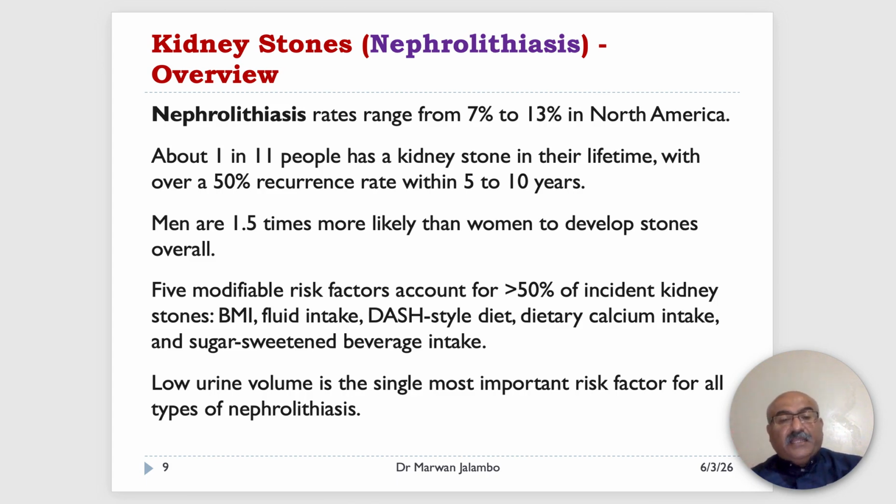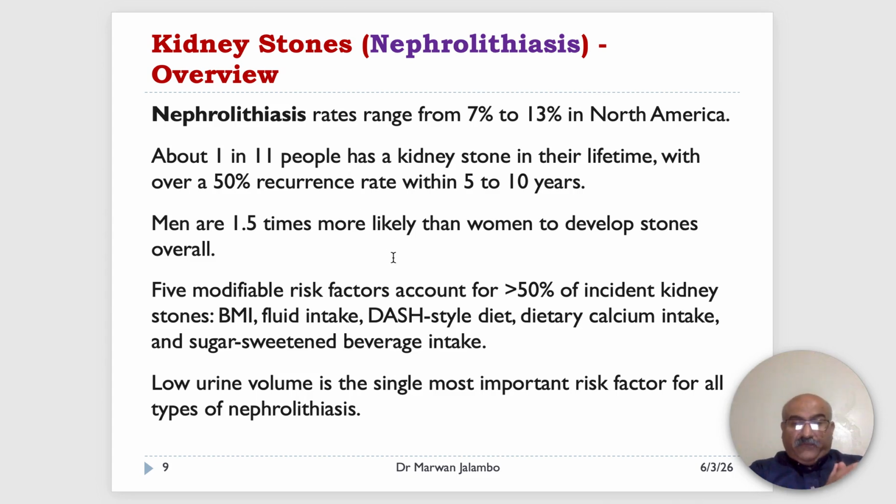Nephrolithiasis is highly prevalent, affecting 7% to 13% of the population in North America. About 1 in 11 people will have a stone in their lifetime.